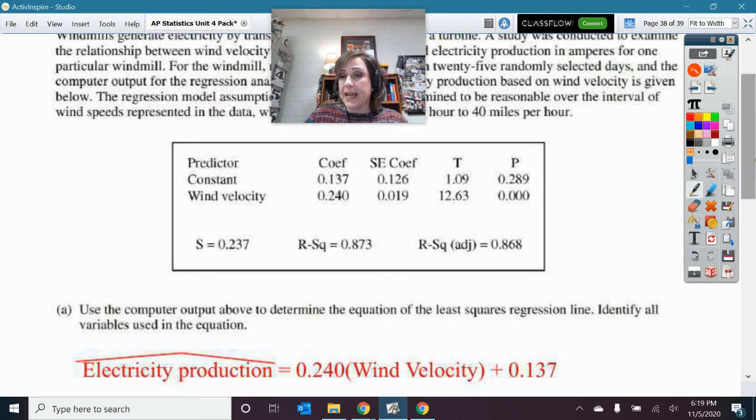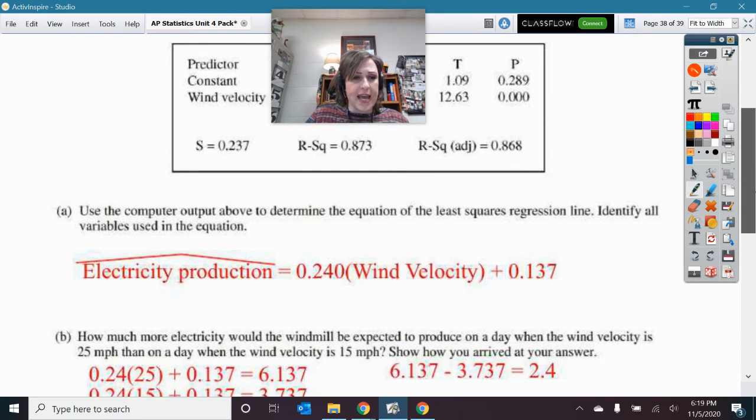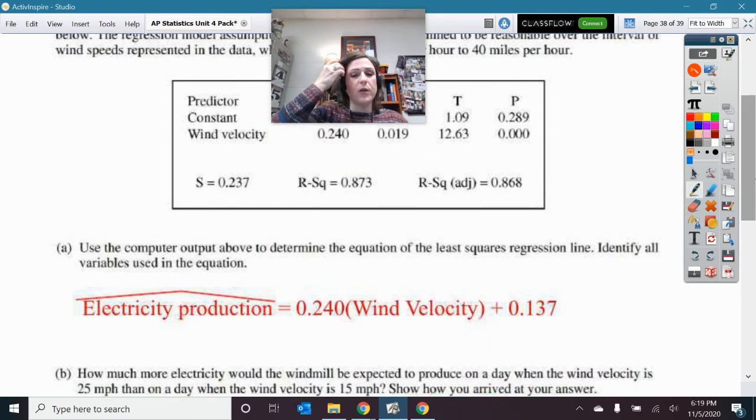0.137. Now I come on here, and how much more electricity would a windmill be expected to produce? So I'm getting the predicted amounts. How much is predicted for 25 miles per hour versus 15 miles per hour of the wind velocity? So you could do it a couple of ways.